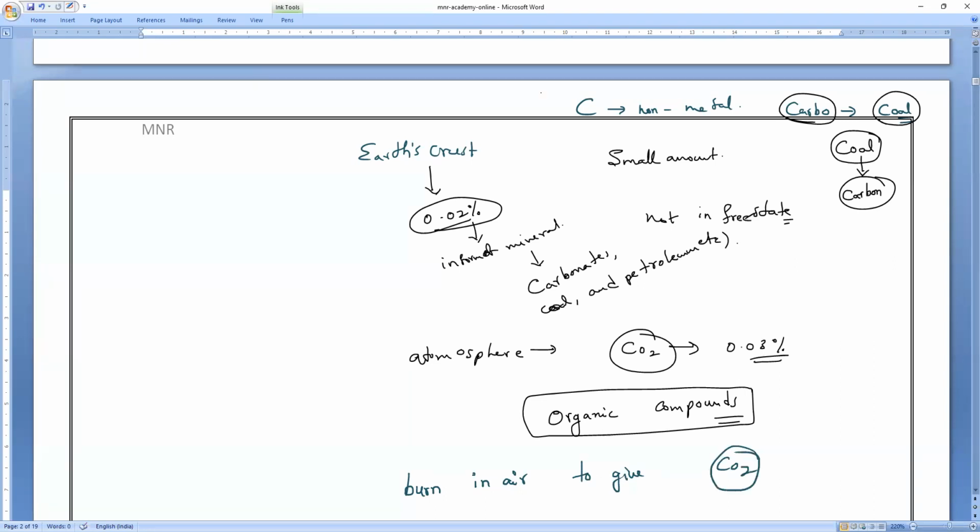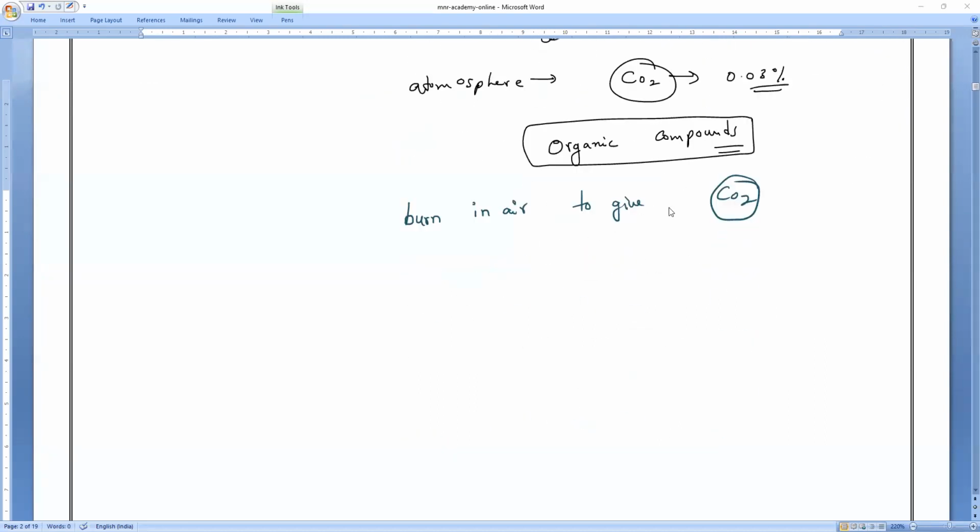Sir, how can we verify whether carbon dioxide gas is being released or not? By passing it through lime water, which turns lime water milky.